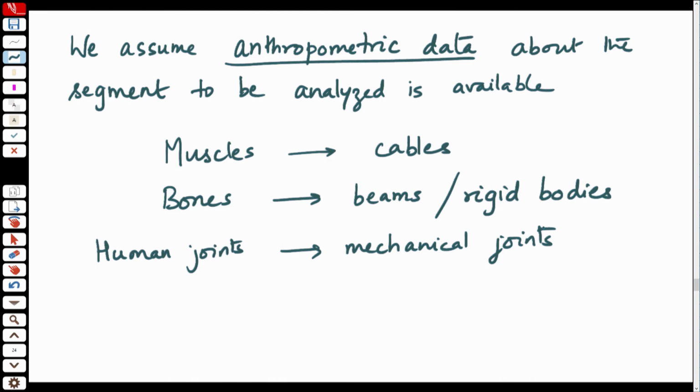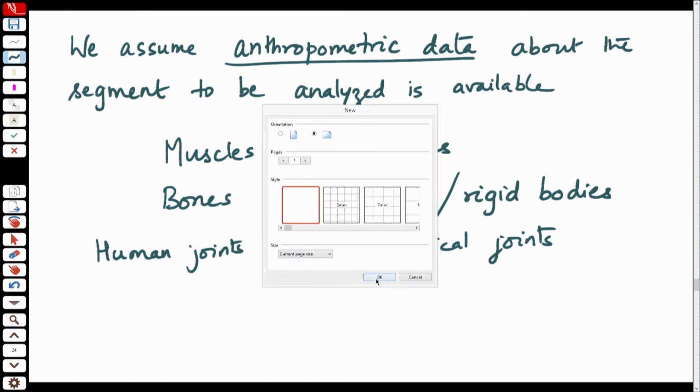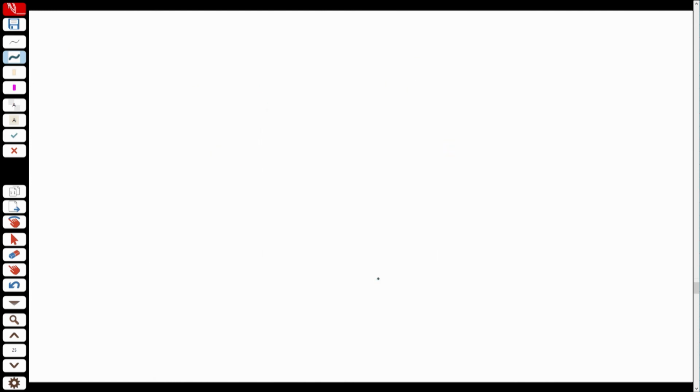So, muscles, ligaments, etc., would be like cables. In the free body diagram, a muscle or tendon or a ligament would be expressed in terms of a tension.